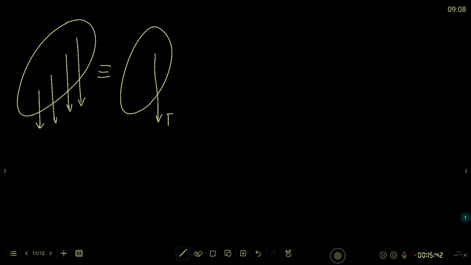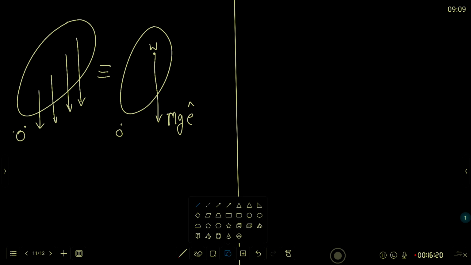I want to know W. mg times E is the net force. How do I find W? To find W, let's take an origin, a reference point, O. Let's go to this point.